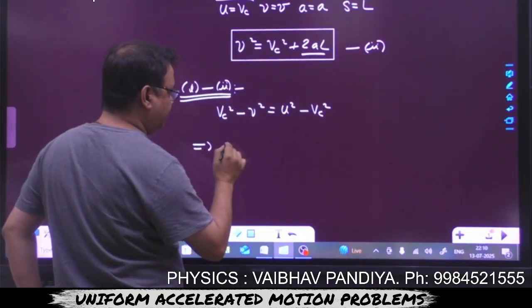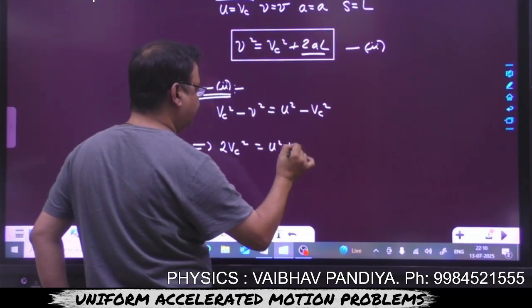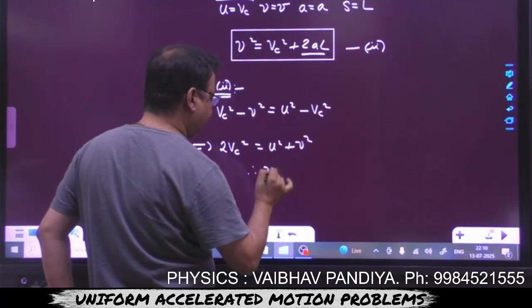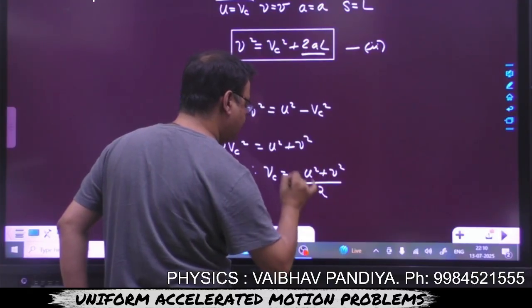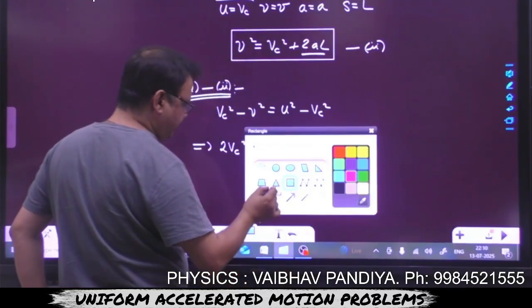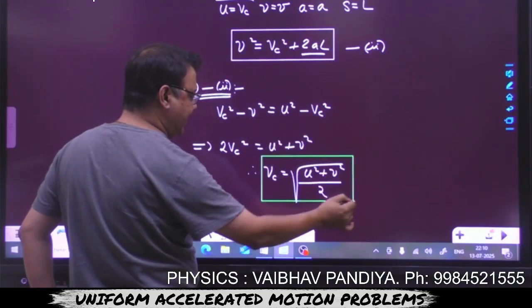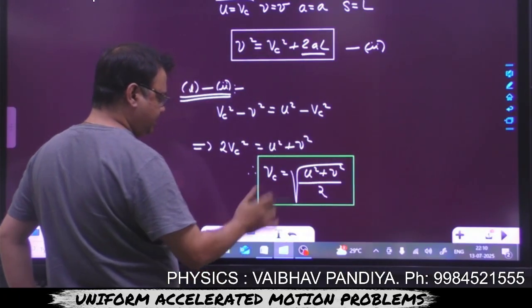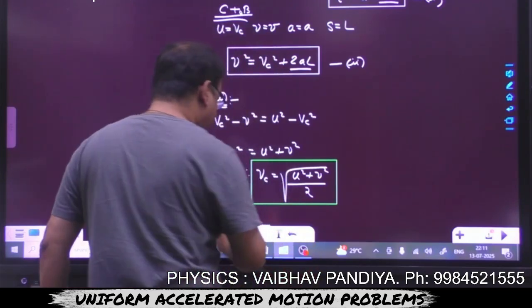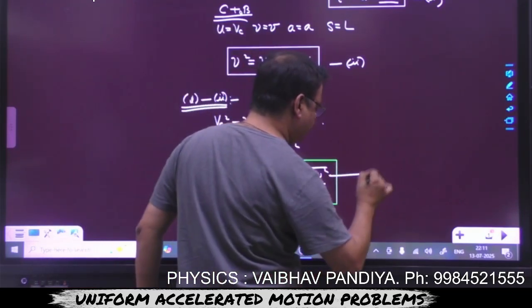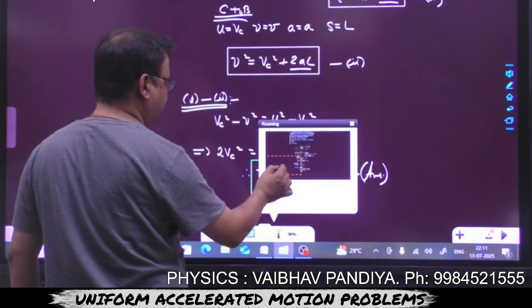So you will get twice of vc square is u square plus v square. Therefore the value of vc will come to be the square root of u square plus v square by 2. So you got the velocity at the midpoint, that is root of u square plus v square by 2. And this is the answer to part A of the problem.